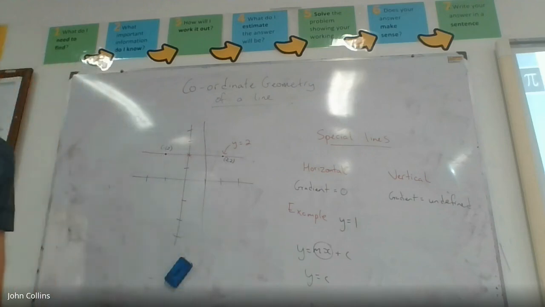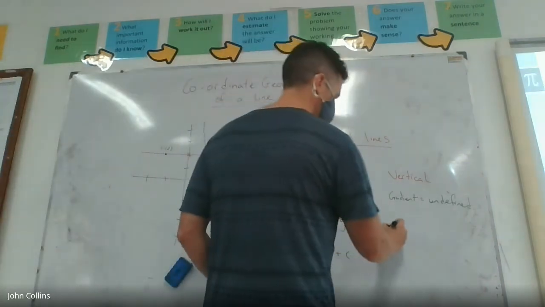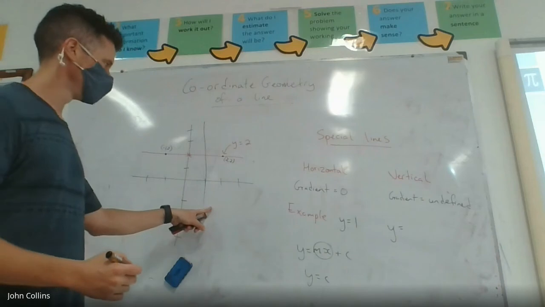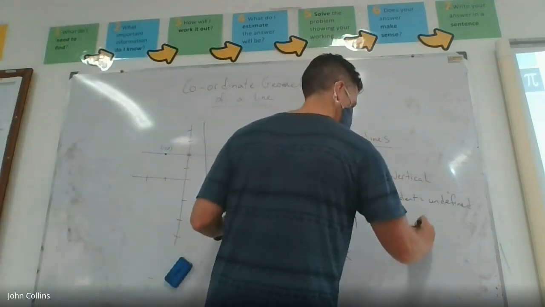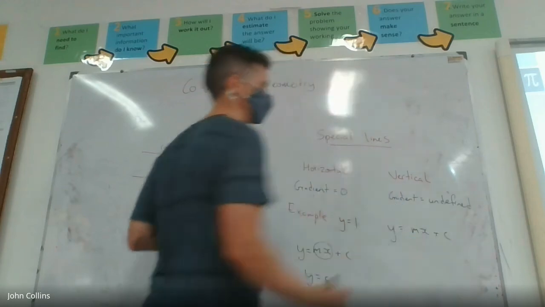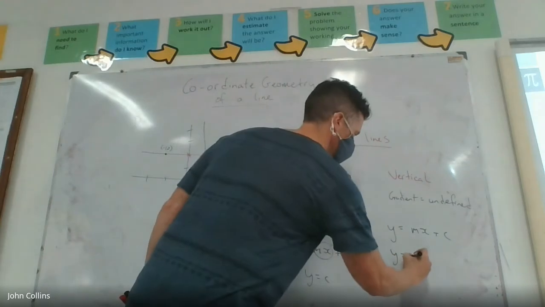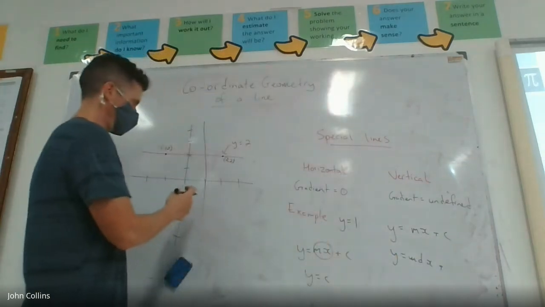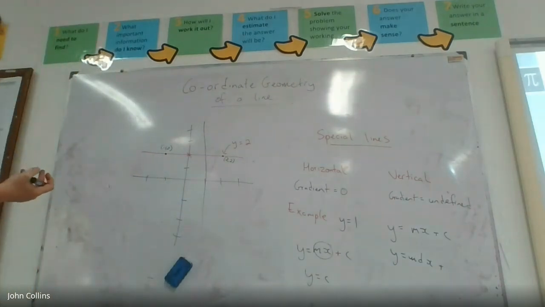It has no slope. It's undefined. If we go to try and substitute in, there's a couple of problems here. Y is equal to the slope times x plus c. The slope is undefined. So if I go y is equal to undefined times x plus, well what's the y-intercept here?